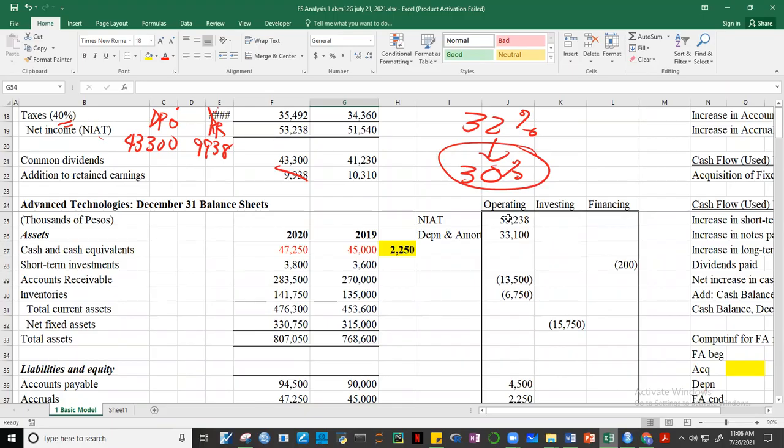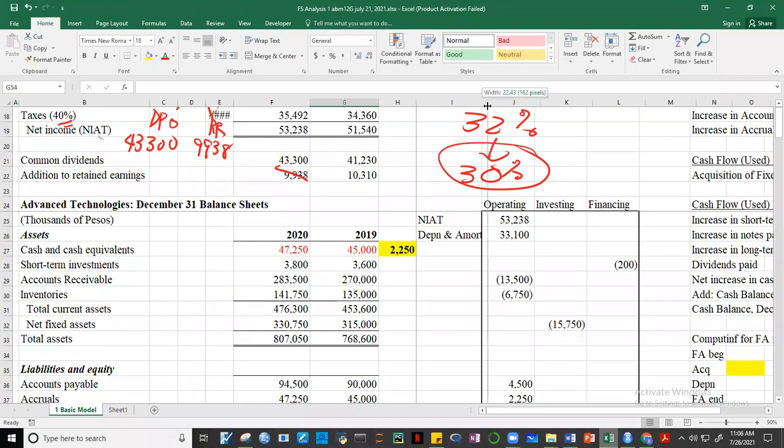And as we mentioned before, guys, the statement of cash flows tells us the sources, saan yung pinanggalingan, at saka uses, saan ginamit yung cash, no? Sources and uses of cash from operating, investing, and financing activities.